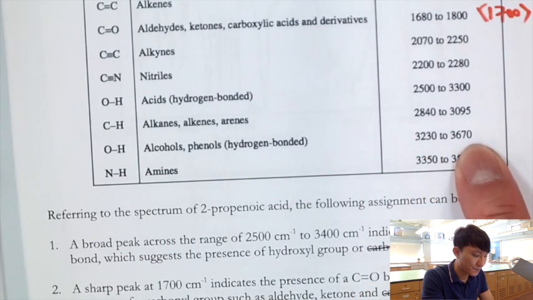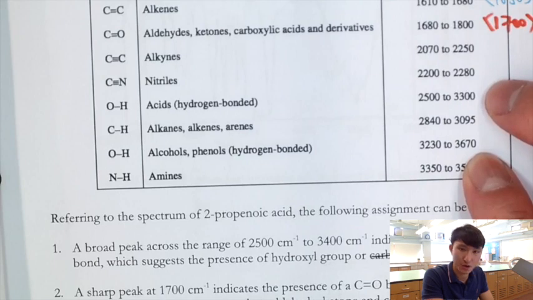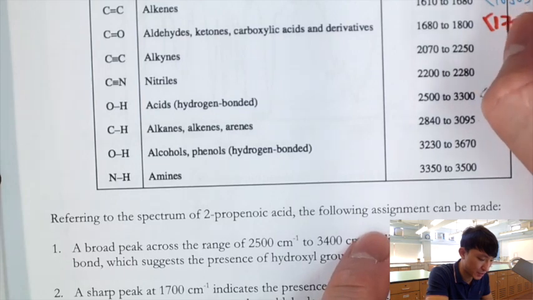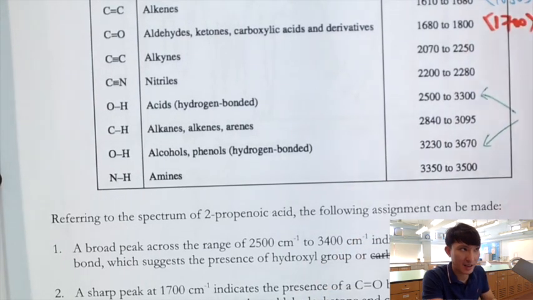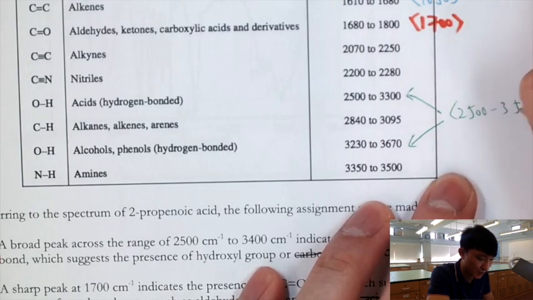Now, even though they have separated into 2 areas, usually we cannot be so sure which one is which. So my suggestion is these 2, we collectively regard it as 2,500 to 3,500.